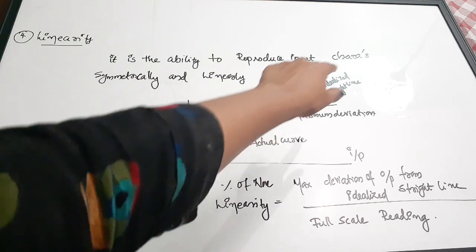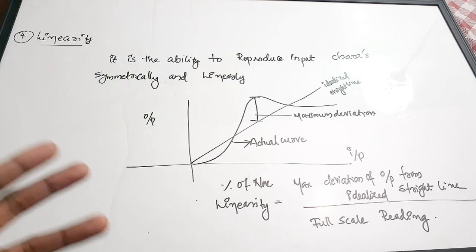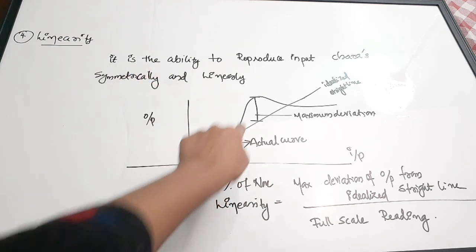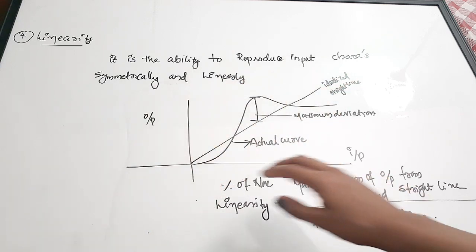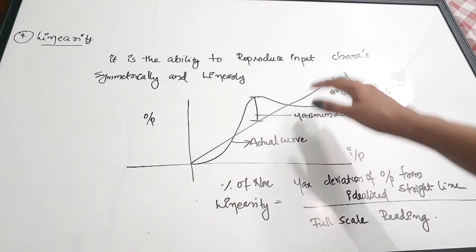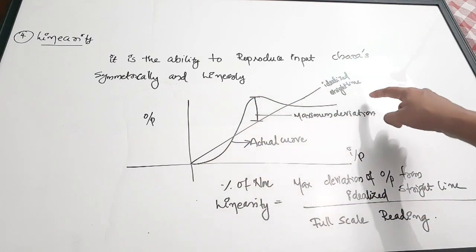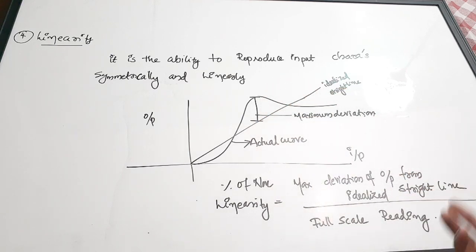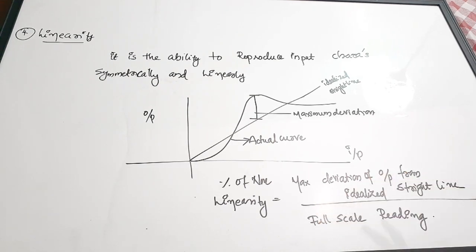This is the idealized straight line which explains the characteristic of the quantity which we are measuring, and this is the actual curve. The idealized straight line is what we are actually expecting, but this is the actual curve, and this portion shows the maximum deviation. Maximum deviation means maximum change from the idealized straight line.